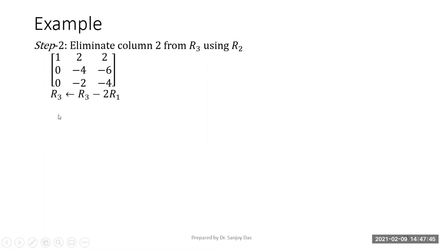And so this is what we do. R3 is replaced with R3 minus 0.5 R2. Excuse me, sorry, there is a typo here, it should be minus 0.5 R2.